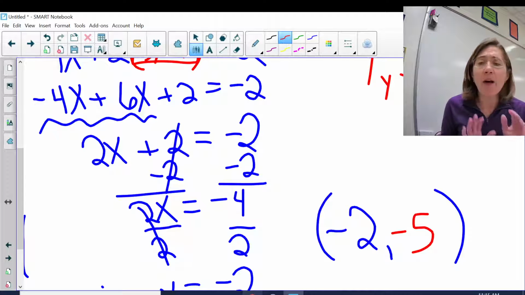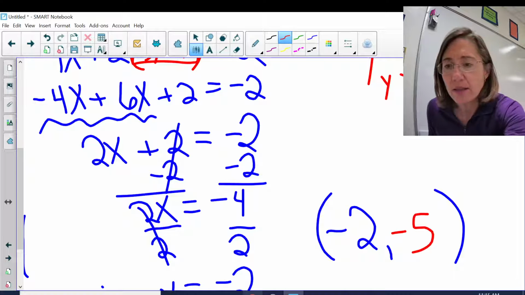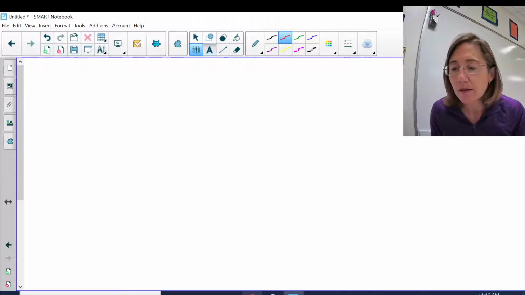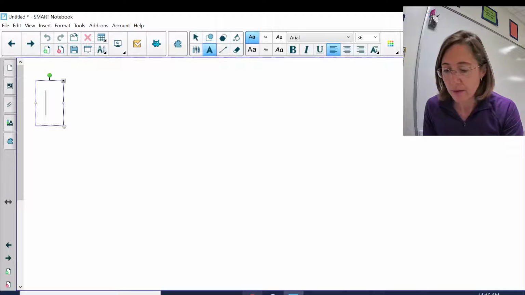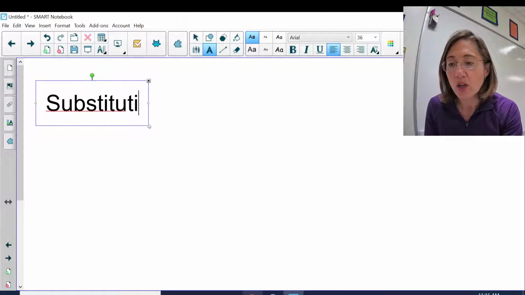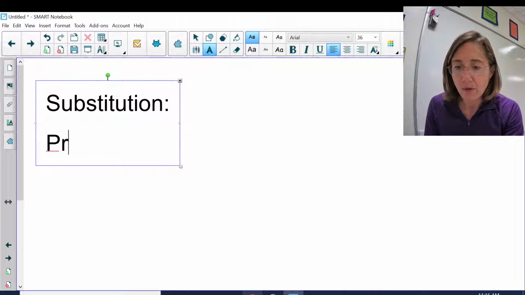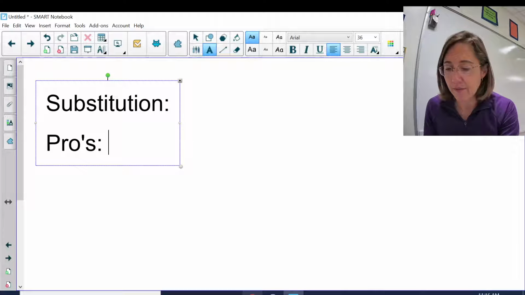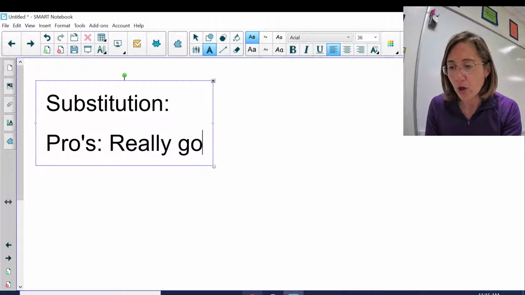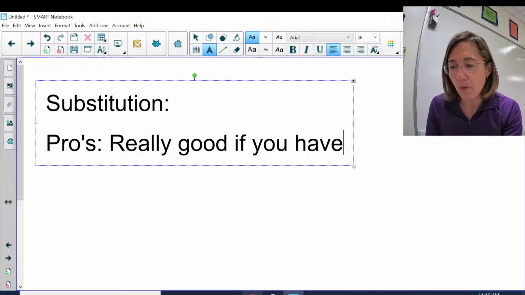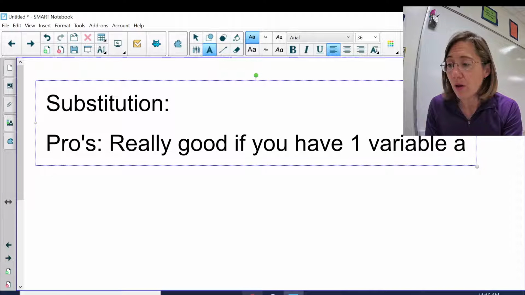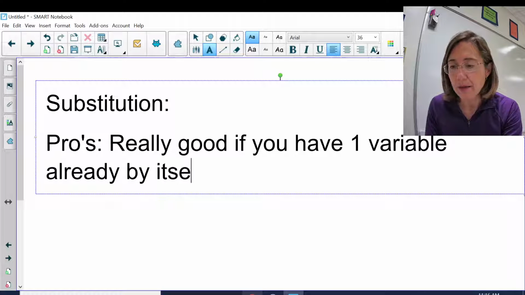So now, when is this helpful? So let's do some pros and cons for substitution here. Substitution, pros. This is really good if you already have one variable by itself.